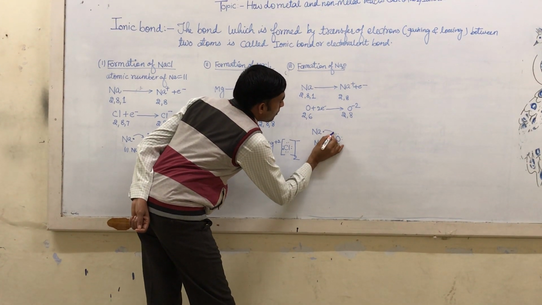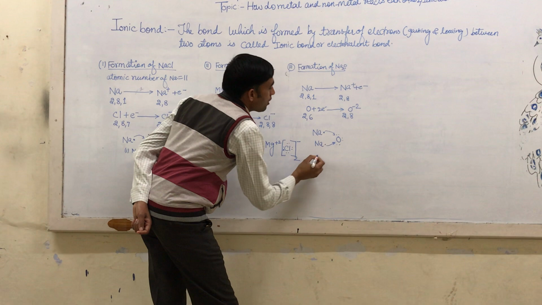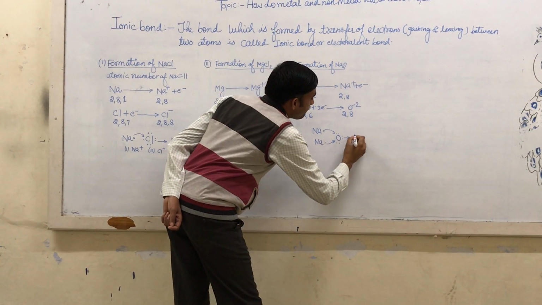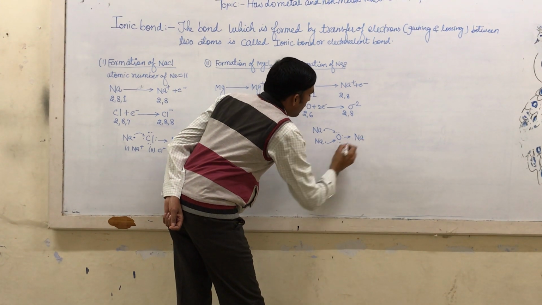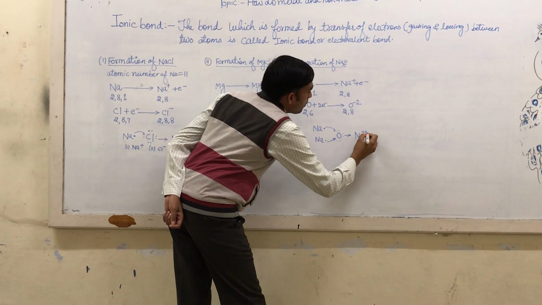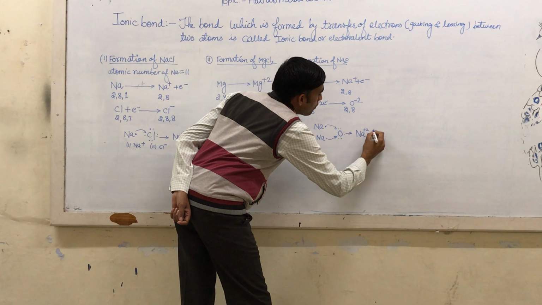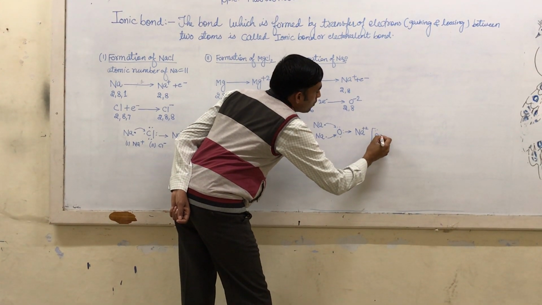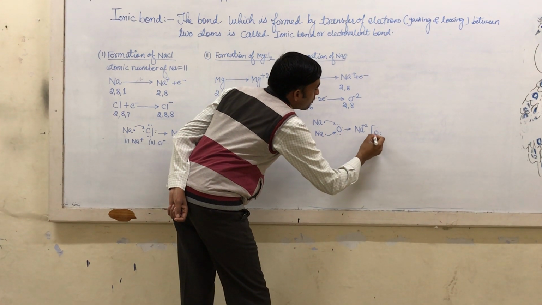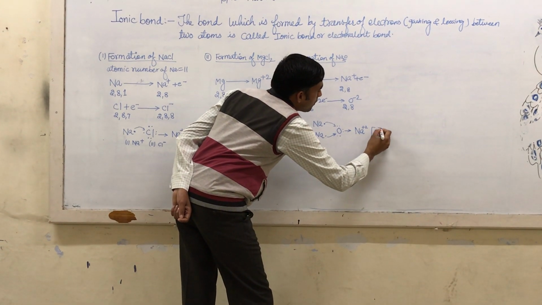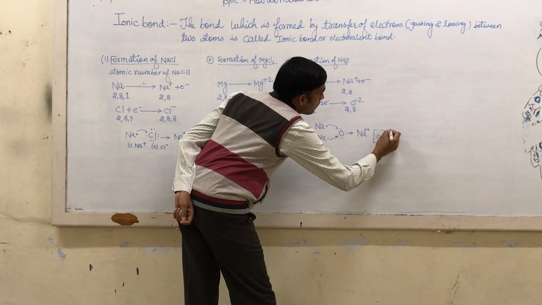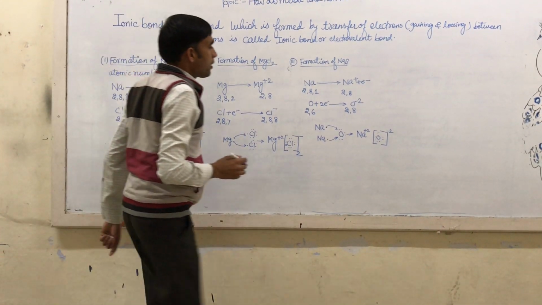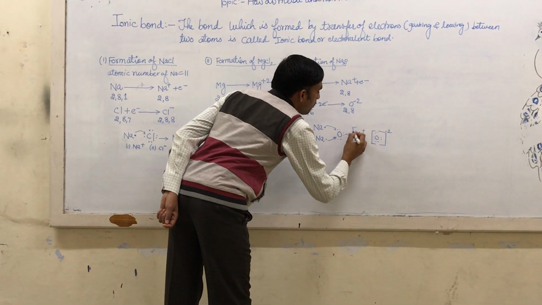So each sodium transfers 1 electron to oxygen, and the compound formed has 2 Na plus and oxide with 8 electrons. Here 2 sodium are there, so we can write it like this also.